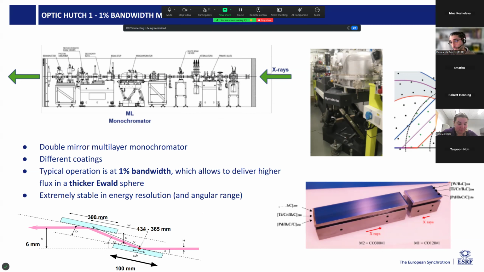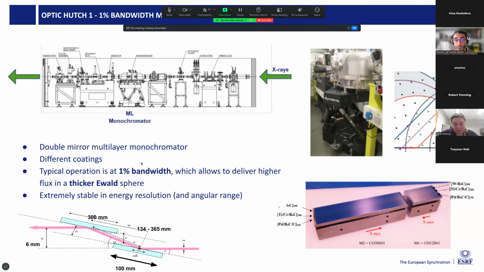As has been shown by other experiments in the past, this has the effect of thickening the Ewald shell. So when collecting data from stills, it makes it possible to measure more complete Bragg spots without rotation, which is the typical experiment that we do in serial crystallography.